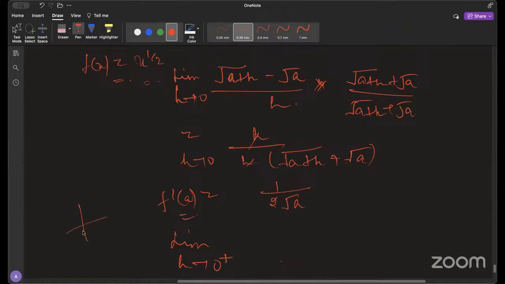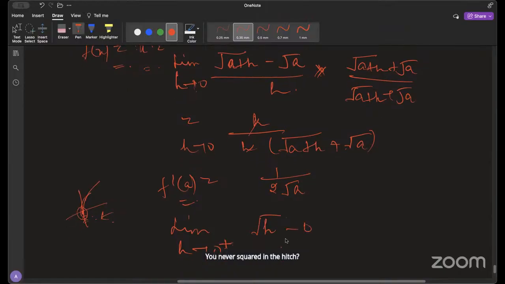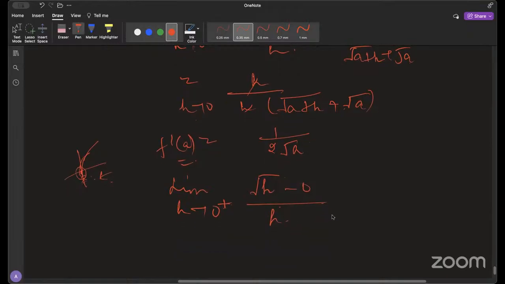The point is, should we discuss the continuity at the end points of a function, because this is the end point of your graph. If you only take the limit from here, which is only possible in this case, you'll have square root of h minus 0 by h, right?